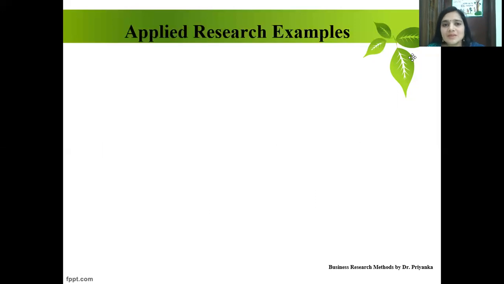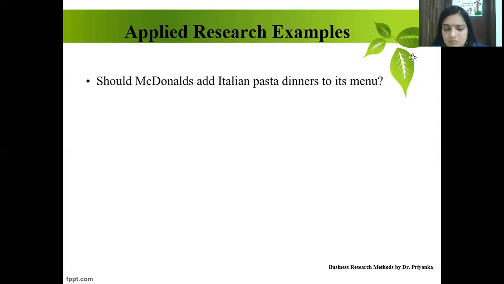Next is applied research. Applied research is also known as action research, or a practical approach to research. This is conducted when a decision must be made about a specific real life problem, or to solve any kind of problem in organizations. Let us understand this also with the help of an example. Should McDonald's add Italian pasta dinners to its menu?